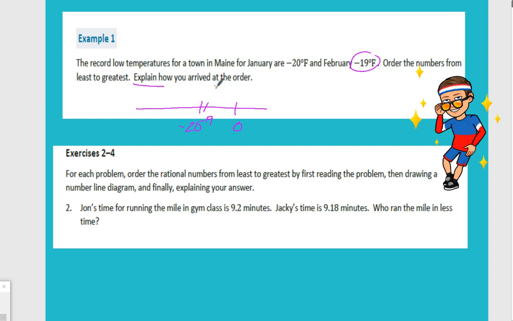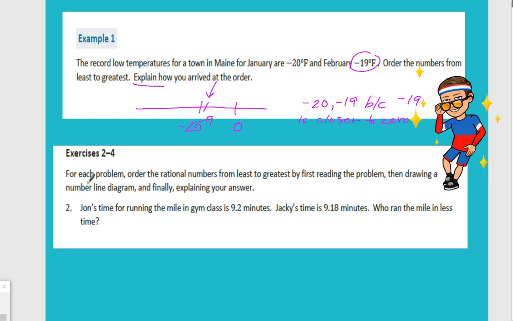Well, the greatest number is that negative 19 because it's closer to 0. So ordering them, we would say negative 20, then negative 19, because negative 19 is closer to 0. And that is our explanation.